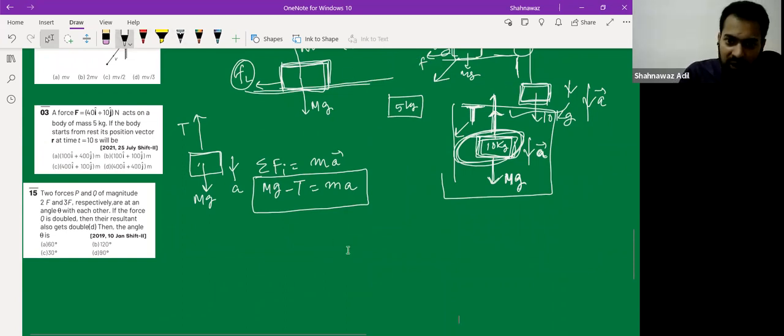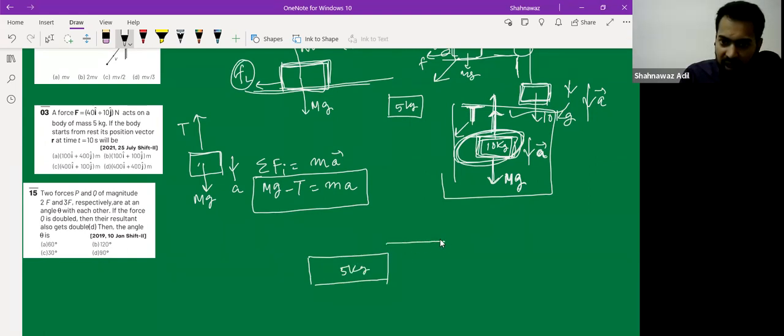Okay, so for the 5 kg block, you have an acceleration, right? And you have a tension also. This is attached and is moving like this, so there is a tension in this direction, right?